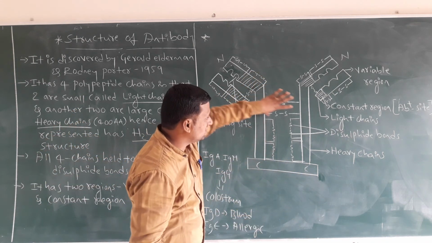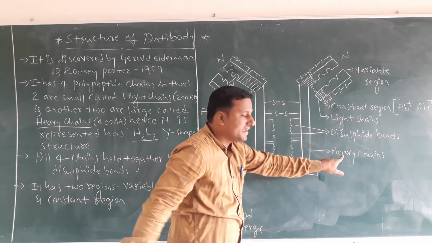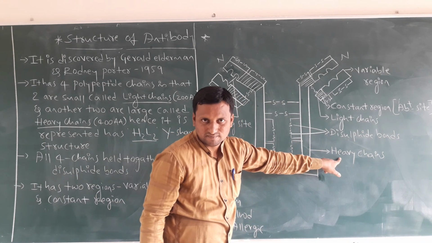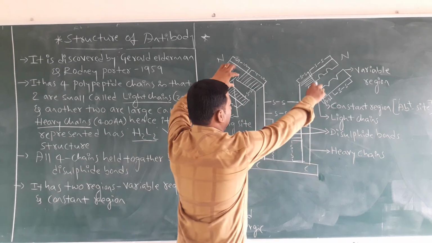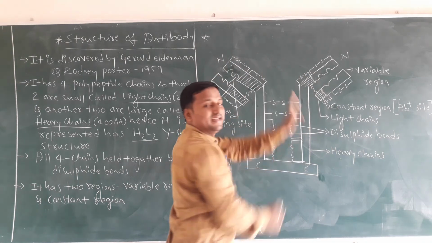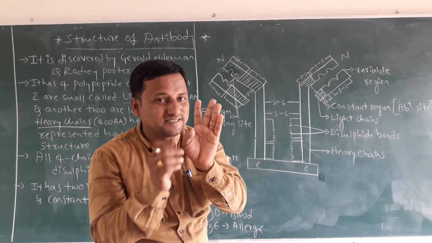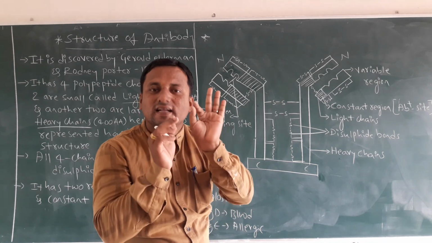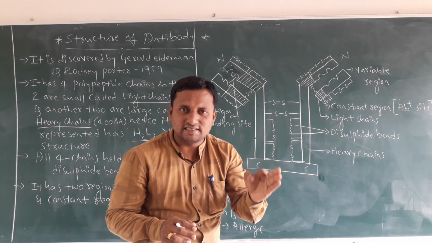This contains two pairs of chains. These two chains are called heavy chains, and these two chains are called light chains. There are two types of chains: heavy chains and light chains. Why are they called heavy chains and light chains?